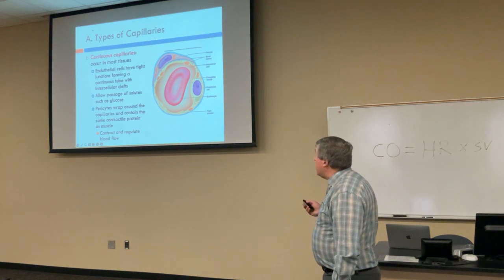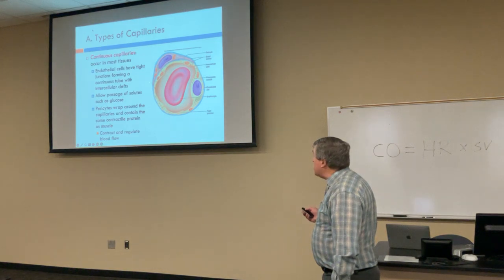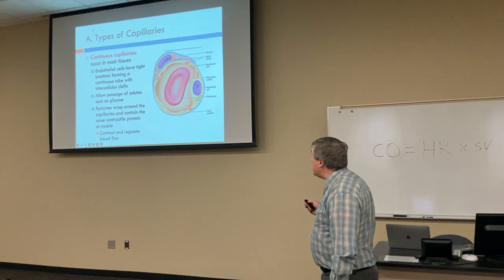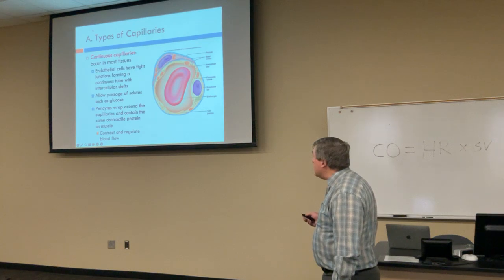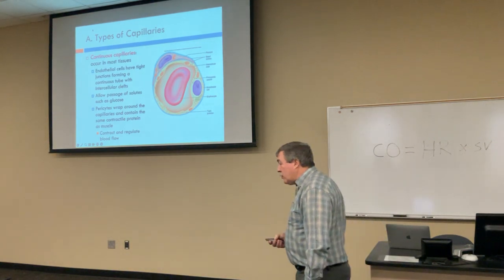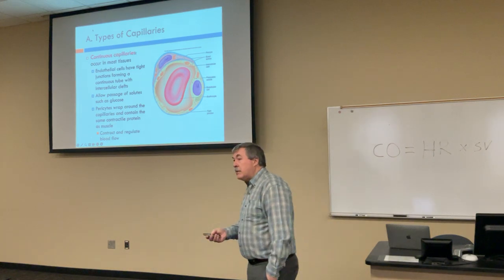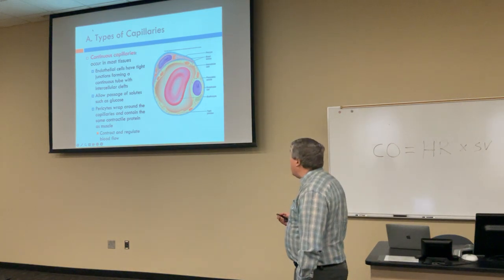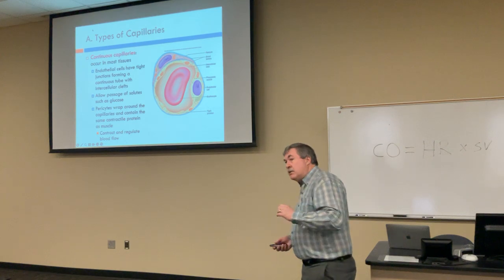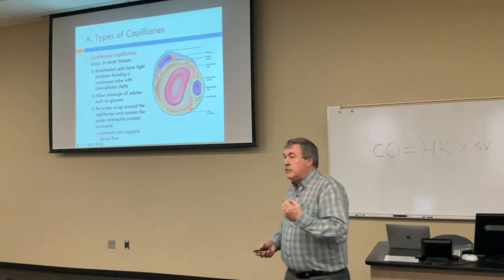And continuous capillaries have cells like this one right up here, this pink cell. It's called a pericyte, P-E-R-I-C-Y-T-E-S. Those have some of the same contractile proteins as muscles, so they have actin and myosin. Those pericytes are kind of like a smooth muscle fiber.